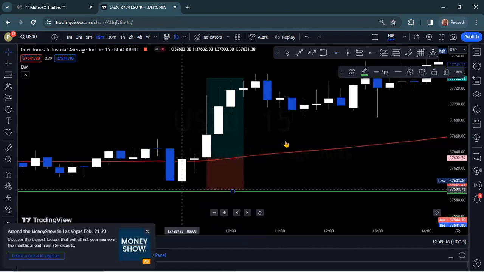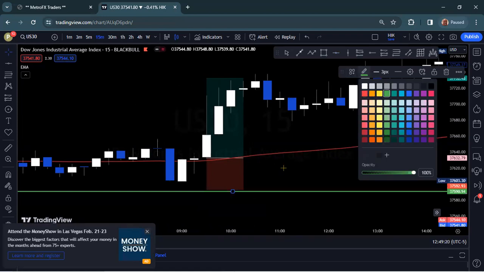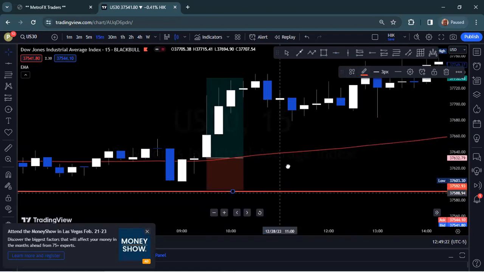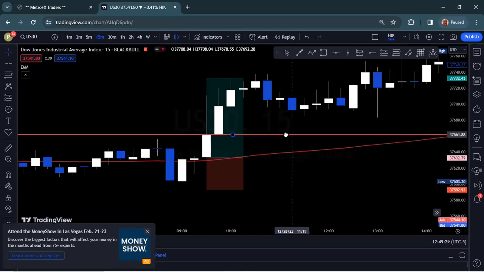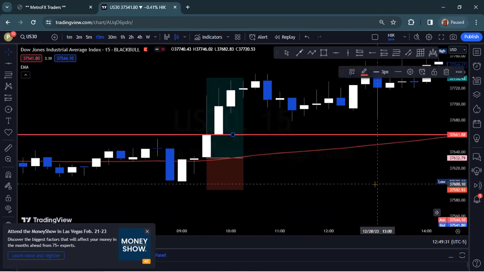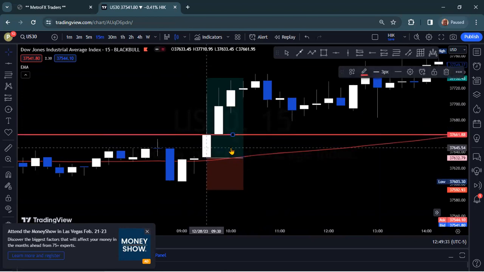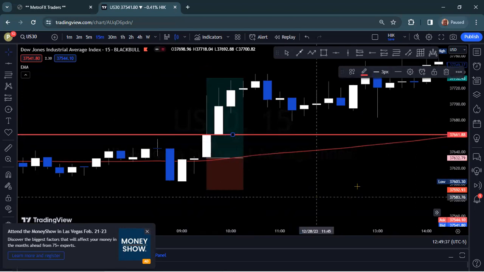You can move your stop loss on the second order to either break even, which is right here, or a little bit above break even, like right there, because that way you secure at least this amount of profit.